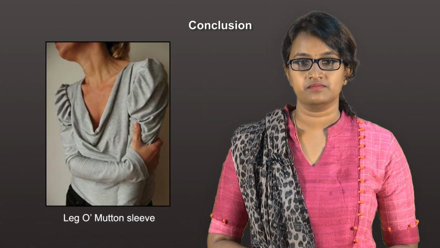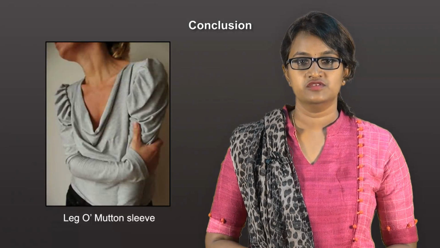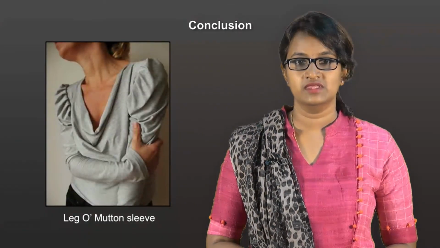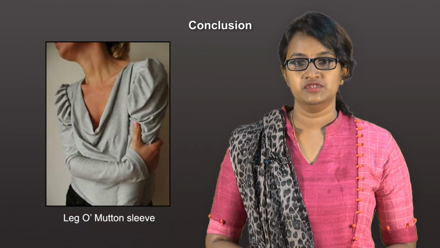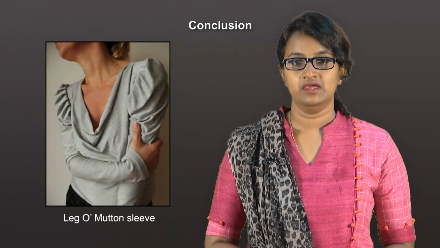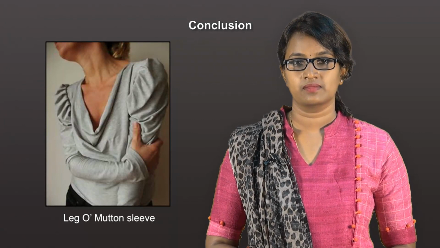Leg of mutton sleeve. It is formed from a voluminous gathering of fabric at the upper arm that tapers to a tight fit from the elbow to the wrist.